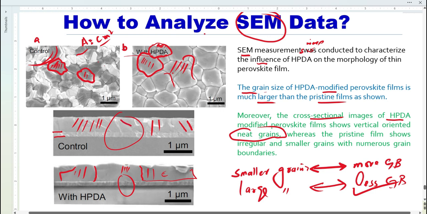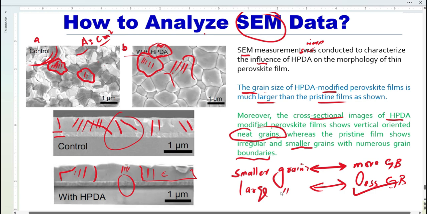You see irregular, the grains are oriented this way, here this way, here this way. So this is how we have to write about this: smaller grains with numerous grain boundaries. This is a very important discussion you have to include in your research paper.